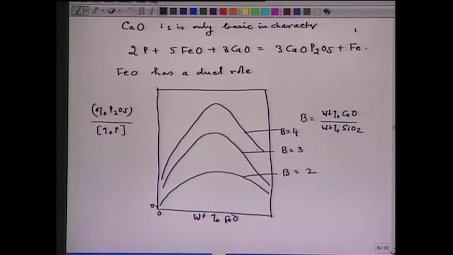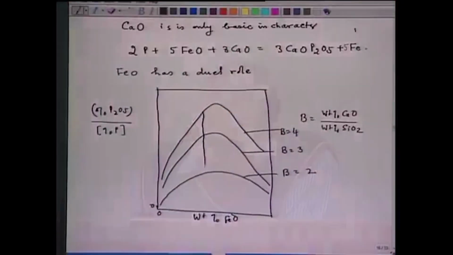Now, the initial increase is because of the oxidizing effect of FeO. After reaching the maximum value, the percentage of FeO in the slag increases, on account of which the FeO begins to replace calcium oxide, and FeO is a weak base as compared to calcium oxide. Therefore, the dephosphorylation again decreases beyond a certain optimum value of percentage of FeO.